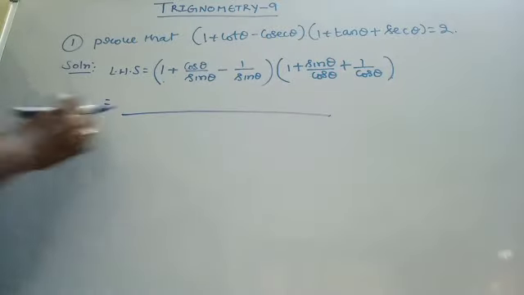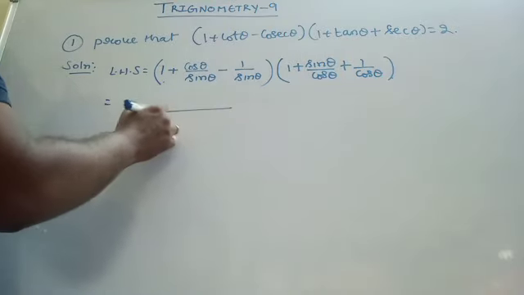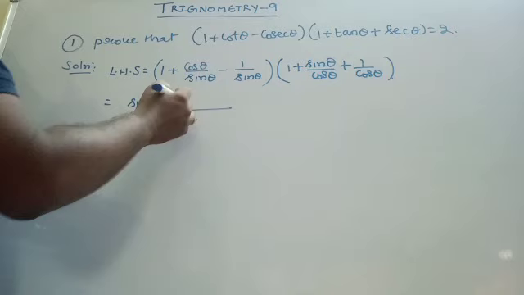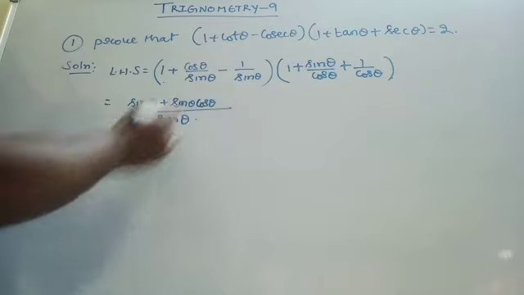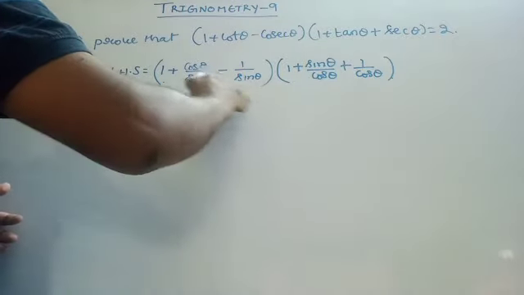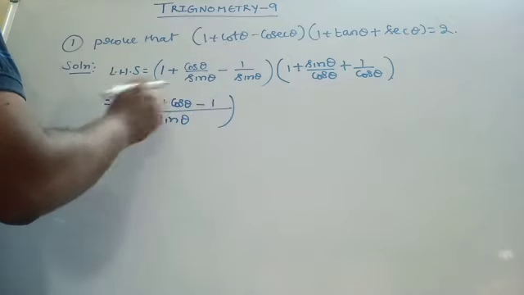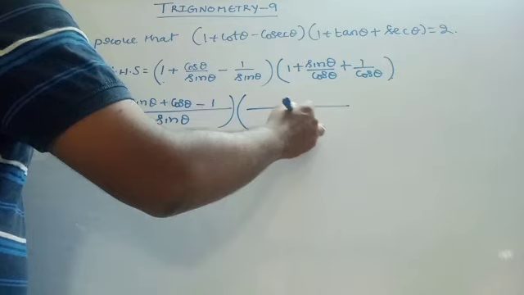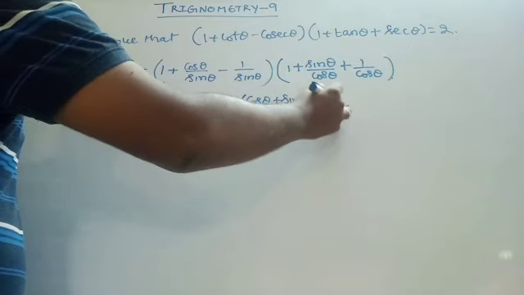With sin θ as the denominator, we get the numerator sin θ + cos θ − 1. And if we take the LCM as cos θ for the other factor, we get the numerator cos θ + sin θ + 1.